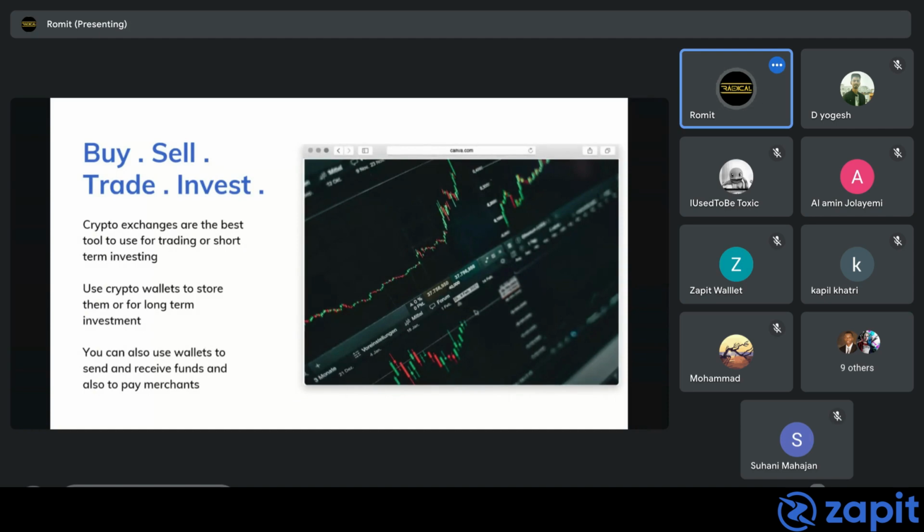This is something that you might have heard a lot, especially in the last 3, 4, 5 years, where maybe your friends or maybe you've heard it online, where people would have bought a certain crypto asset, the price of it would have gone really high, and then they would have sold it for a really high profit. Now, although we don't necessarily recommend that, we do understand that there might be traders as well. So it's still possible. You could buy at a lower price, sell at a higher price, you could do daily trading, or you could also do long-term investment.